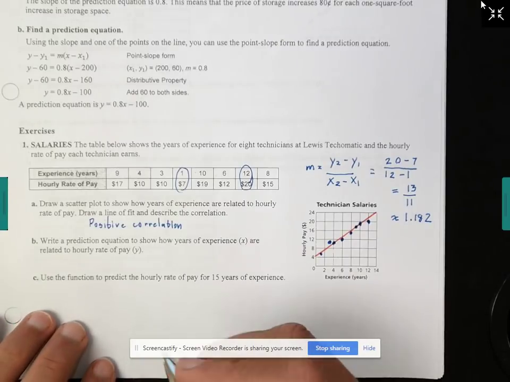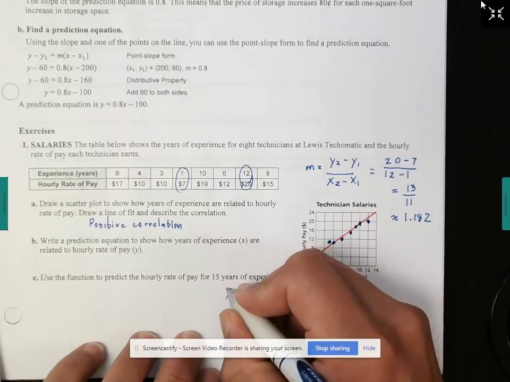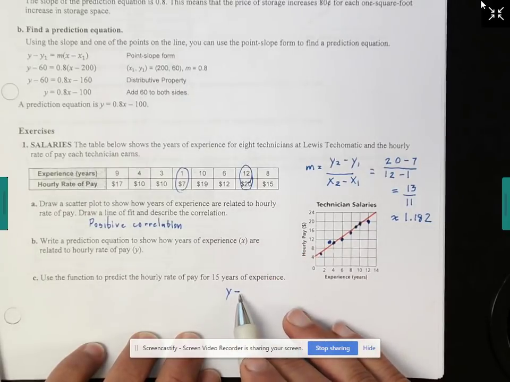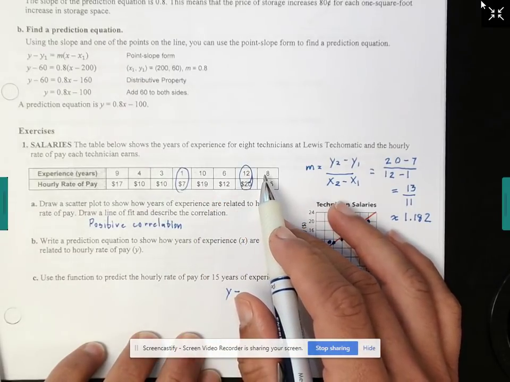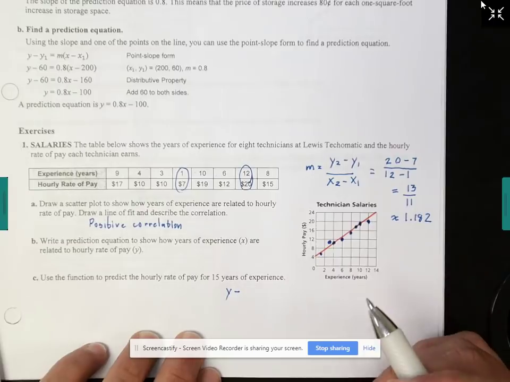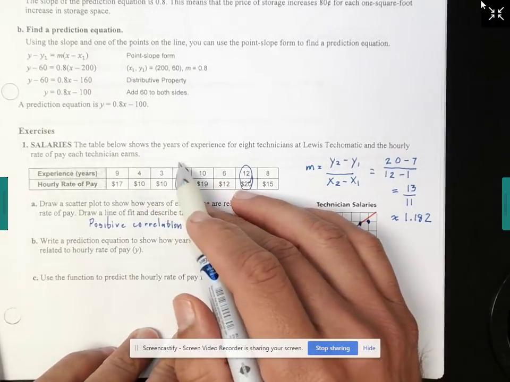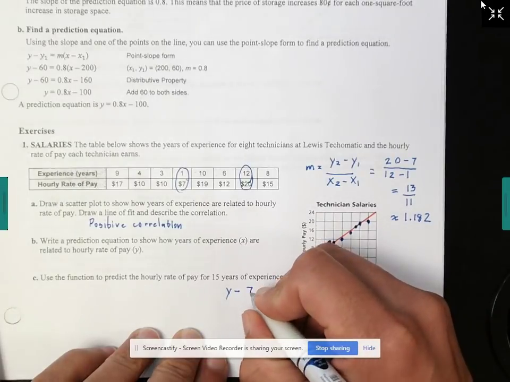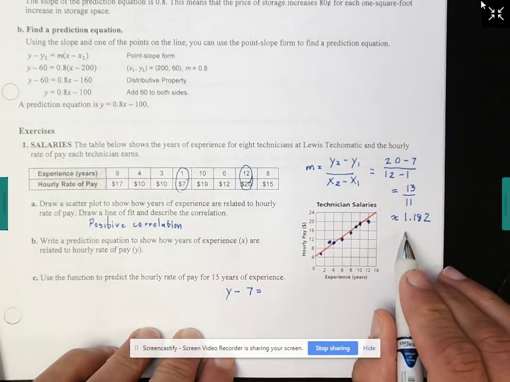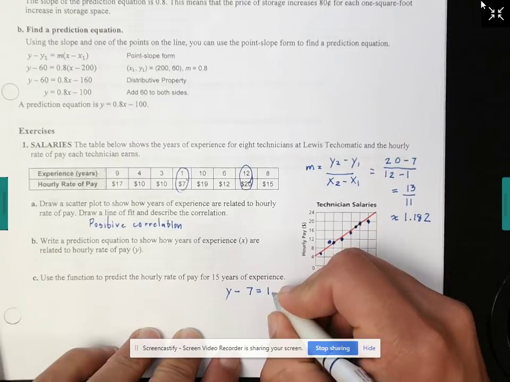So we're going to use the point-slope formula. Y1 is going to be the y coordinate, and it can be any point that you want on here. It actually doesn't matter what point you pick. You might get a slightly different answer, but for this one, I'm going to pick this one right here to be my y, and that's my x. So I'm going to write y minus 7 is equal to the slope that I just found, which is right there.